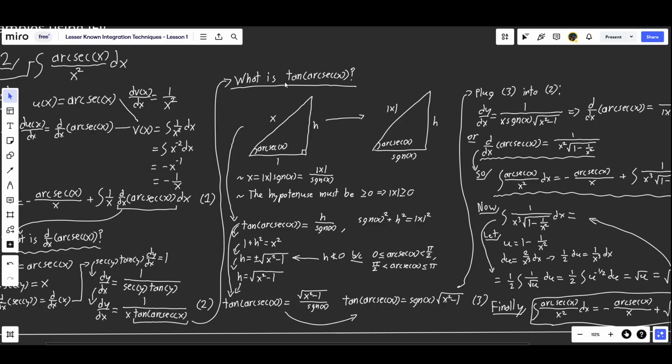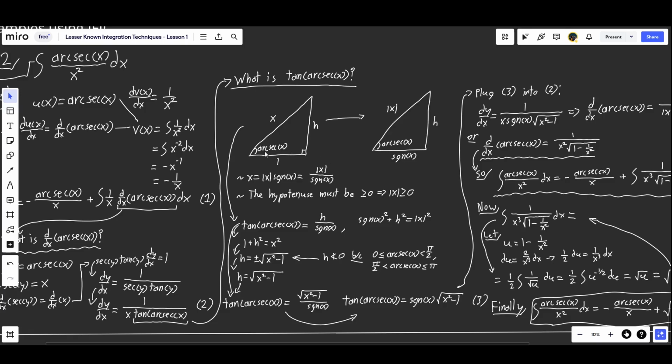One way we could find tangent of arcsecant of x is by recalling that the inverse trig functions are functions that take the ratio between two sides of a right triangle and output an angle in that right triangle. Because we're working with arcsecant of x, let's recall what secant of x does.